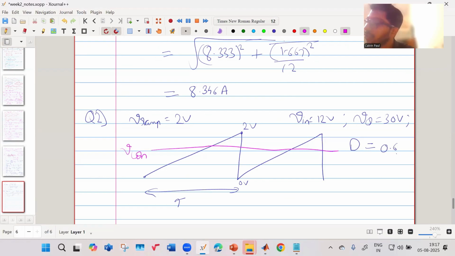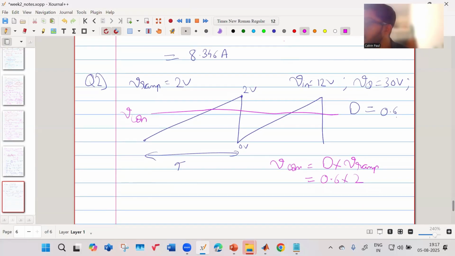So your Vcon should be your D into your V ramp. This voltage you must set. So that will be 0.6 into your V ramp, that is 2. So what will be 0.6 into 2? 0.6 into 2 will be 1.2 volt.